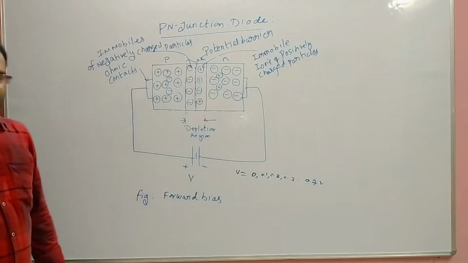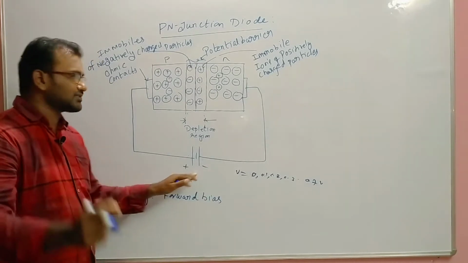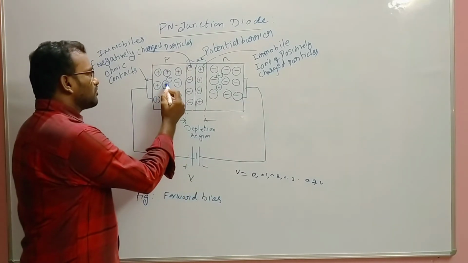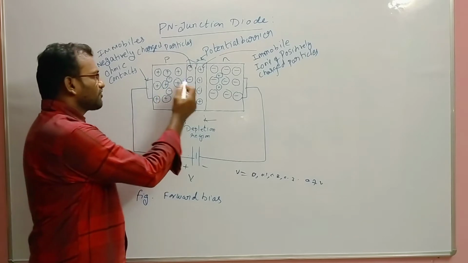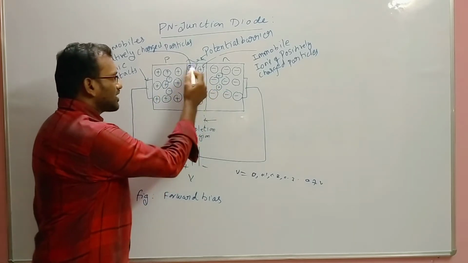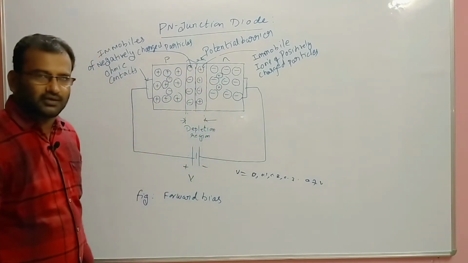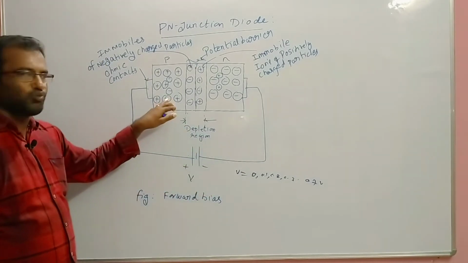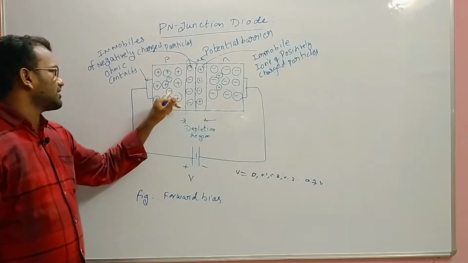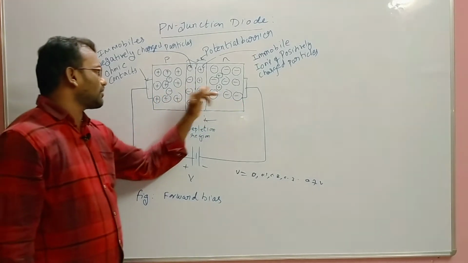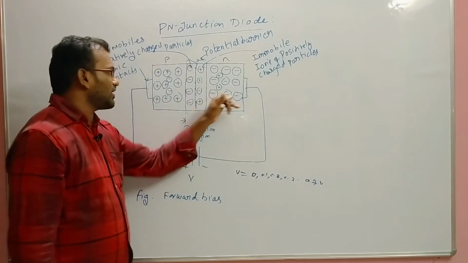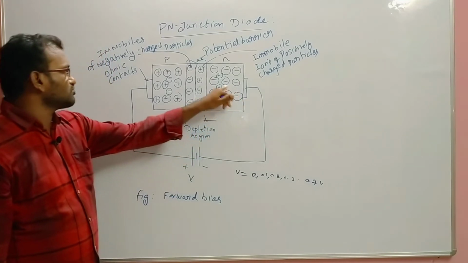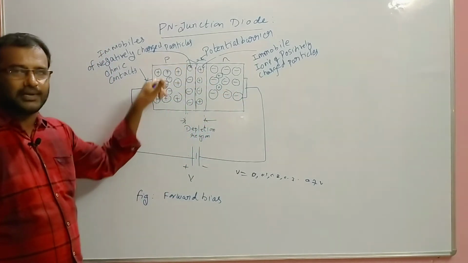Then what will happen? If I slowly increase the voltage, the holes move from the P-type to the N-type across the junction. I repeat once again: whenever voltage is given, the holes start moving from P-type to N-type across the junction. Similarly, the electrons move from N-type to P-type.